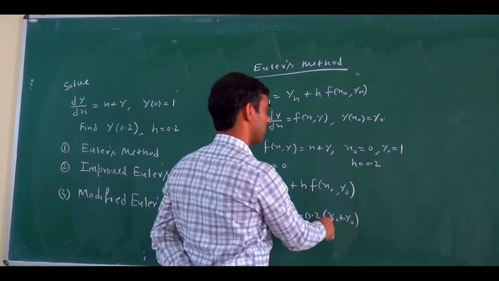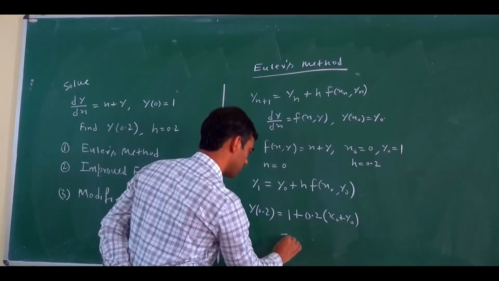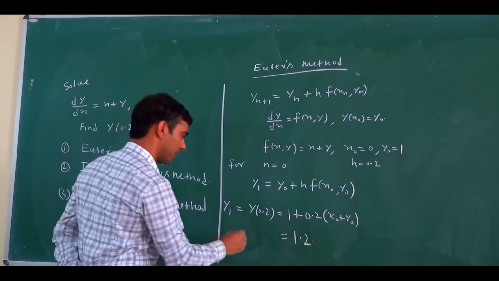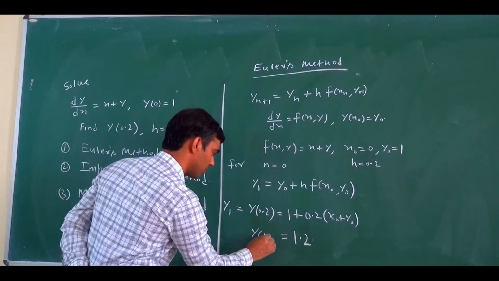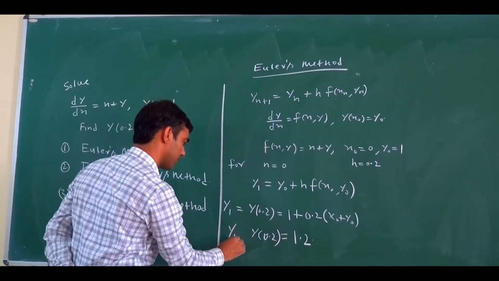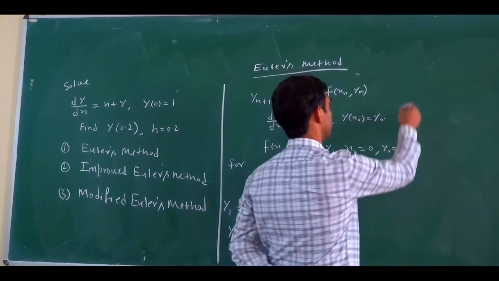We know x0 is 0, so 0 + 1 becomes 1. So this becomes 1.2. So y at 0.2 is 1.2, also known as y1. This is by Euler's method.